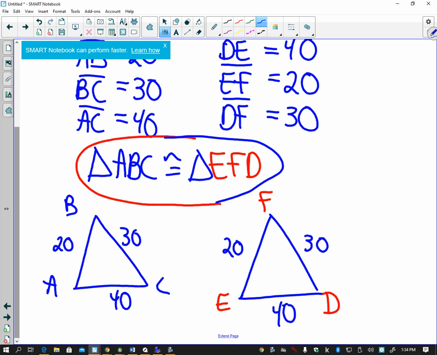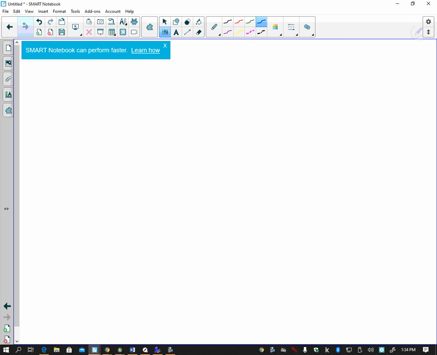But the typical trap on this question is where kids just assume ABC is going to match up with DEF, or PQR is going to match up with XYZ, and it's just always going to match up that way. It doesn't, and that's the trick. So your job is to be aware of said trick.